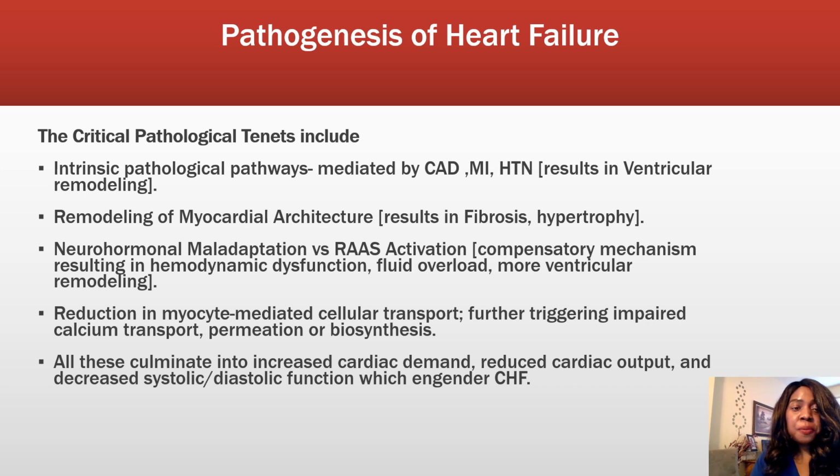Third, neurohormonal maladaptation and RAS activation is a compensatory mechanism resulting in hemodynamic dysfunction, fluid overload, and more ventricular remodeling. Basically, neurohormonal maladaptation and RAS activation work hand in hand to attempt to maintain homeostasis.